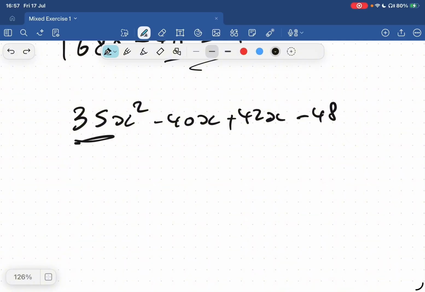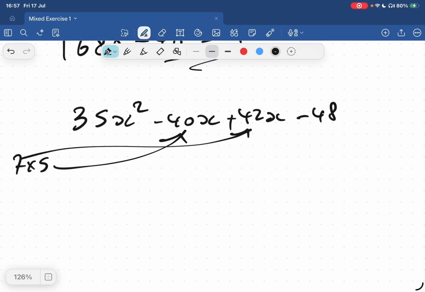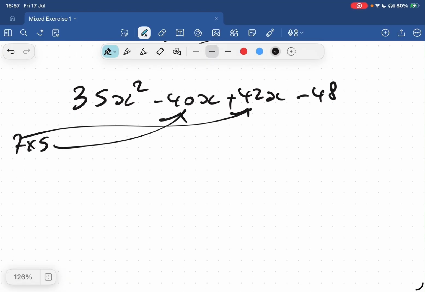We need to find two numbers that you can divide 35 by, that then also one divides 40, one divides 42. And there's not many that divide 35, so you can do a checklist, or 7 times 5 is one that comes to mind. And 5 divides 40, 7 divides 42. You'll see in a second why that's so important. So let's label our 7x and label our 5x.